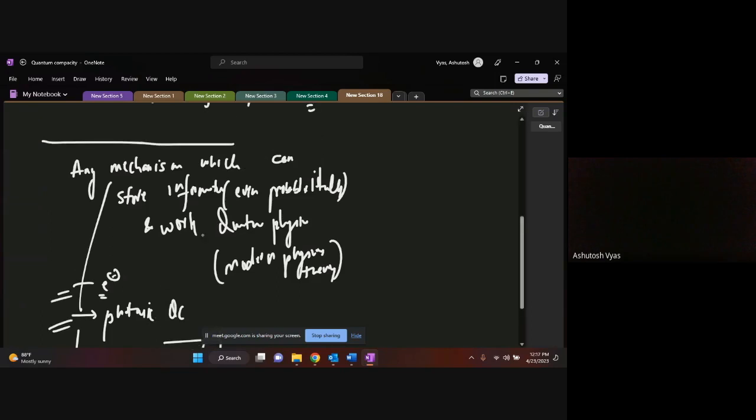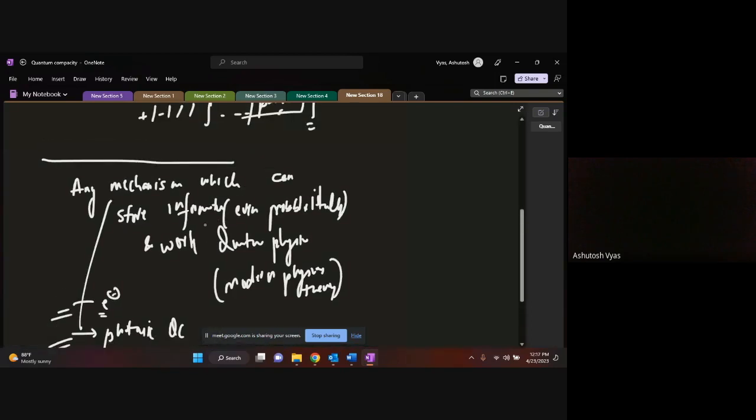But the idea underneath goes by this: the mechanism in which you can store information, even probabilistically, that is fine, and that entire structure follows quantum physics. If this can happen, you are basically on the right route of developing a quantum computing machine, right? Now, if you want to go deeper into this section, it's totally quantum physics topics.